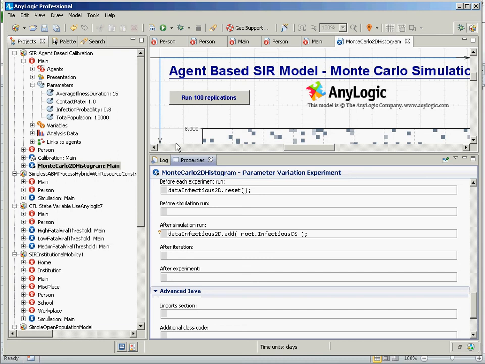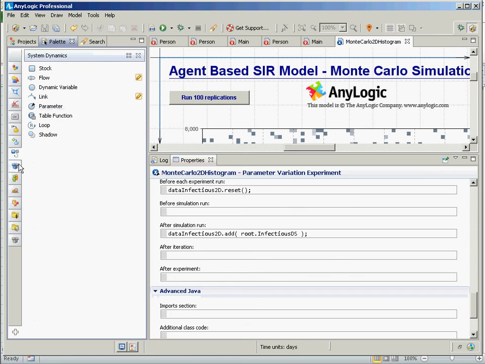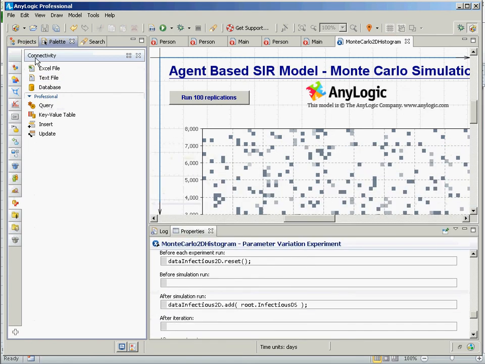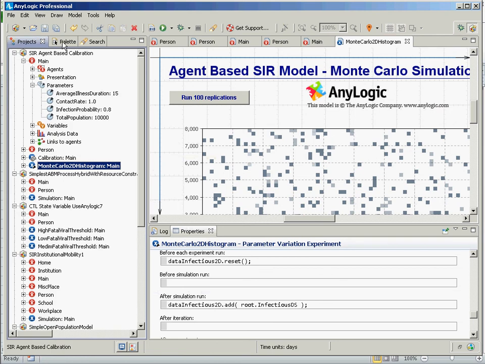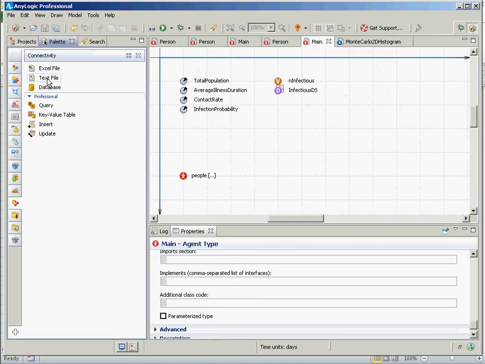Another thing that you could do, and I discussed this with one of the teams before, is that AnyLogic also offers connectivity to Excel files and databases. And so one thing you can do here is, for example, into main, if we opened main here, we could go to the palette and drag in a text file, and this would be realization output or something like that, right?